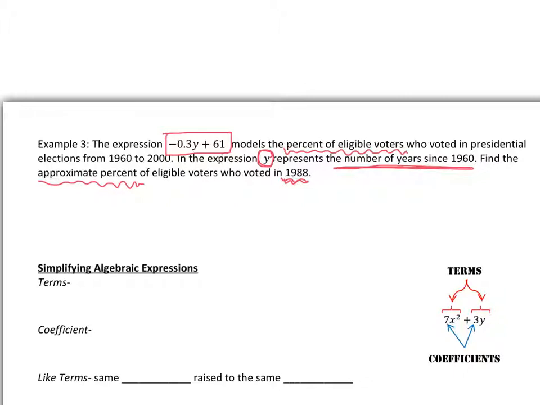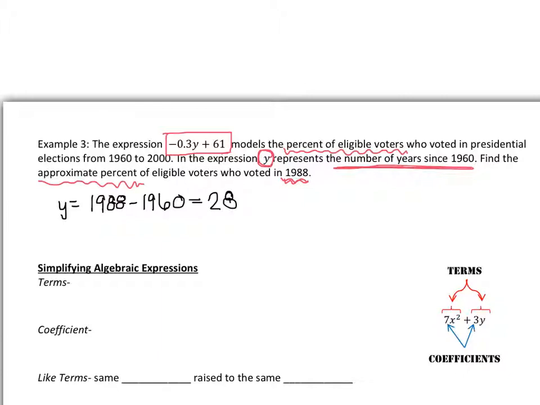Since it's the number of years since 1960, what year are we going for? 88. That's what it told us to find. So we need to say 1988 minus 1960. We need to know how many years passed during that. So that was 28. Okay. So y equals 28.